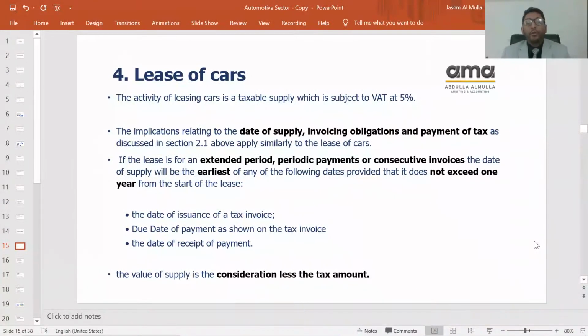And what would be the value of the supply? The value of the supply will be the consideration received less the tax amount. In simple words, whatever amount you received will be considered inclusive of VAT. You have to work back and calculate the taxable amount.